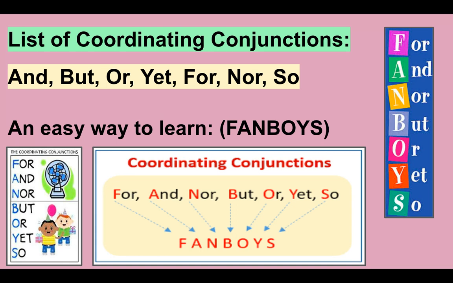Simply remember the word FANBOYS. FANBOYS stands for and, but, or, yet, for, nor, so. So simply remember FANBOYS and all the coordinating conjunctions would quickly come to your mind.